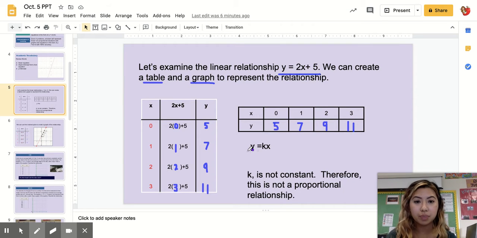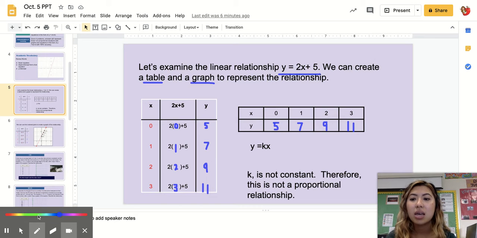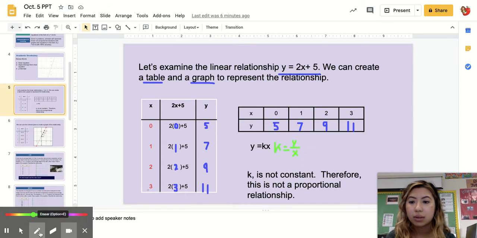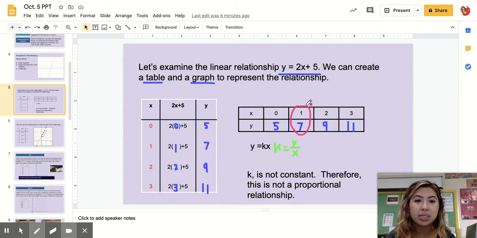And from here, we have our proportional equation, which is y is equal to k times x. If we were to find the constant of each of the coordinate pairs, we'd use the equation y over x. So for this first point right here, (1, 7), our y value is 7, our x value is 1.